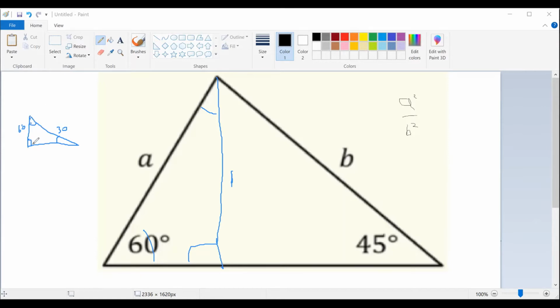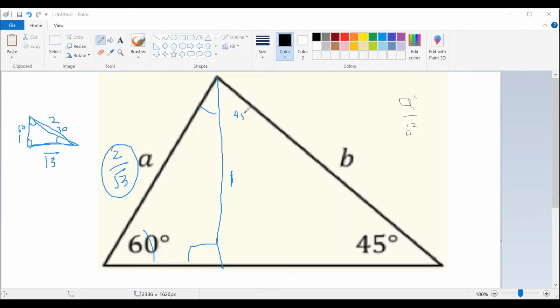For example, the ratio of this to this is the square root of 3 to 2, and the ratio between these two is 1 to 2. So we know that this is 2 divided by square root of 3 times bigger than this, because that is their ratio. So we can just assume that A is this number if the length here is 1.